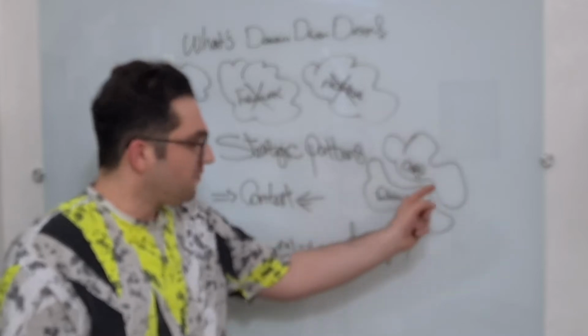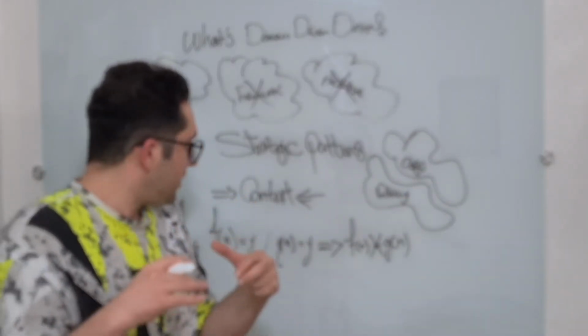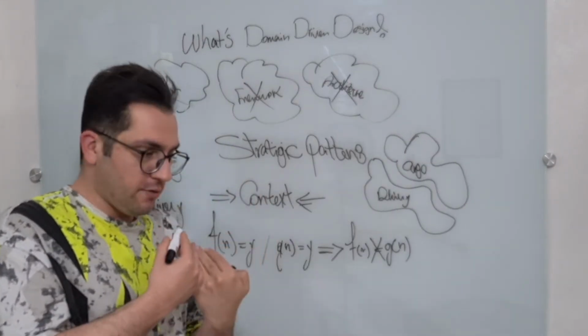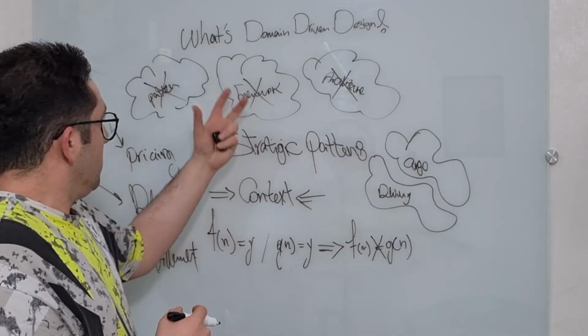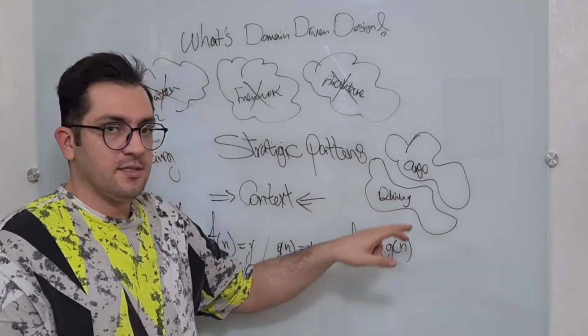Why are they bounded, why are they separated, why are they encapsulated from each other? Because the shared language which we talked about earlier, the shared understanding, the ubiquitous language, the language of the system, is encapsulated in different contexts.